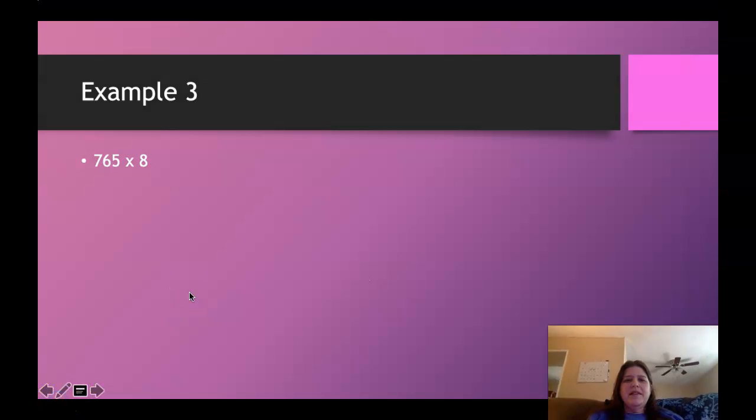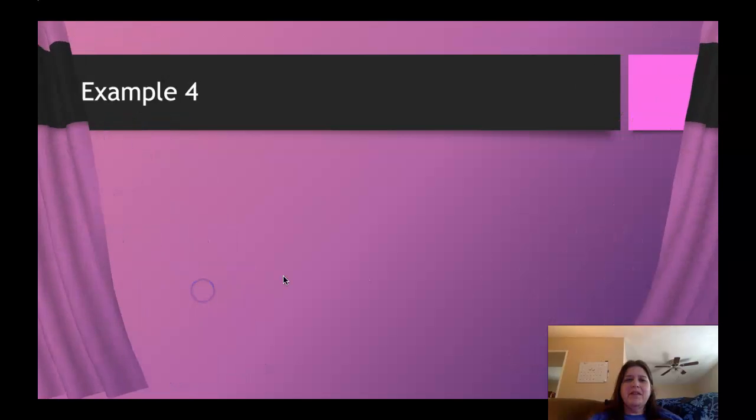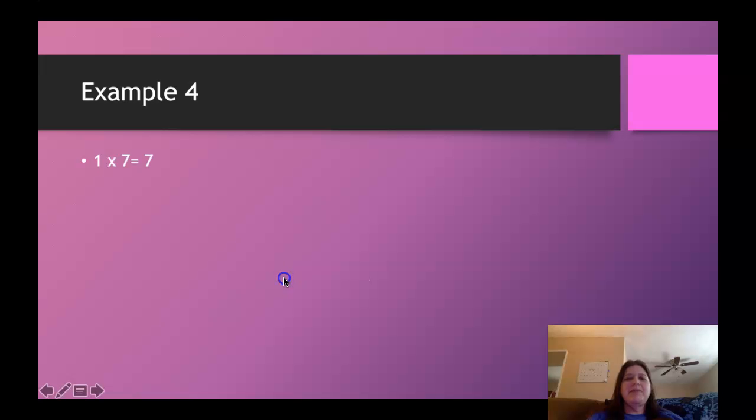The next examples are examples that are using multiples of 10. And you can remember doing some of these in the classroom. If we do 1 times 7, hopefully you remember that equals 7. Now what if we did 10 times 7? We just put a 0 on the end of that answer. So that would be 70. And the next one, maybe you guessed the pattern, it's going to be 100 times 7.